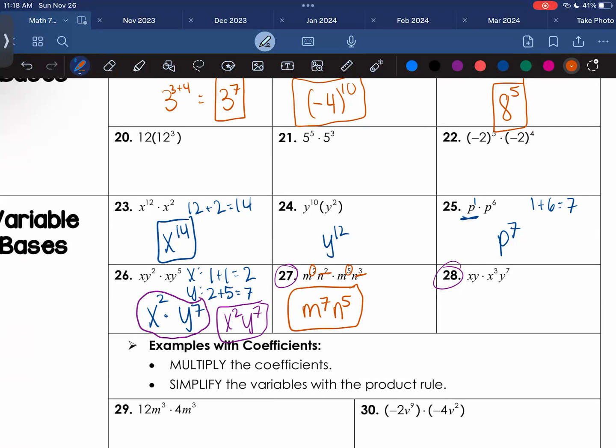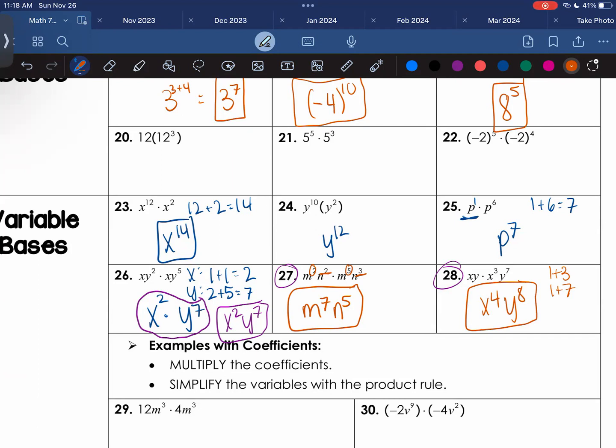Number 28, you should have had x to the power of 4, y to the power of 8. And for x, you had to do 1 plus 3, and for y, you had to do 1 plus 7. If you have any questions, pause here, ask for help.